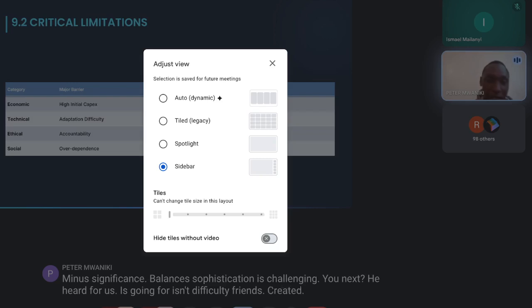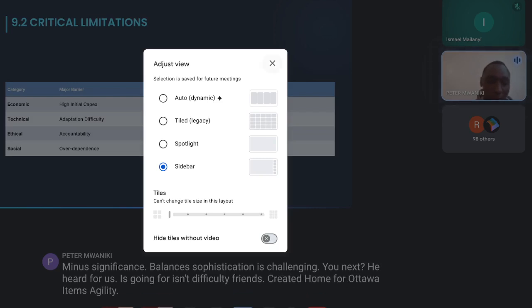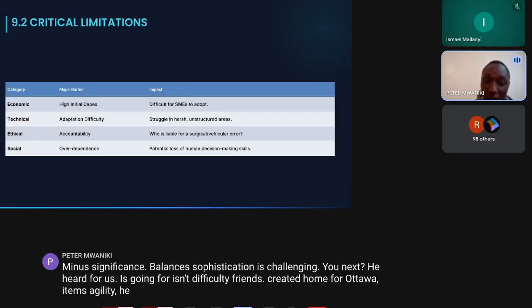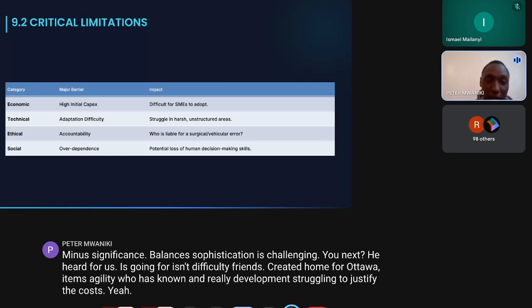We also have ROI uncertainty, where small and medium businesses struggle to justify costs. Robots are typically adopted by large companies, but small enterprises cannot justify the cost of owning them.